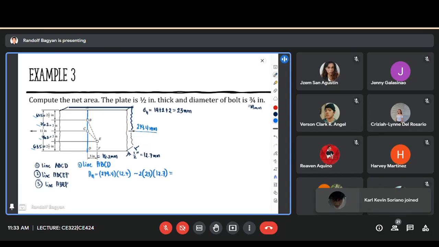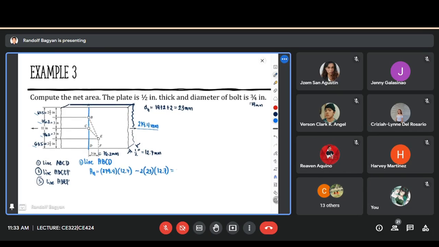Okay, please correct me if I'm wrong. 2,964.18 square millimeter. Sometimes tinatanggal ko na yung point something, nira-round ko na lang, kasi guys, napakaliit naman ng 1 square millimeter para maapektuhan niya ng sobra yung strength ng ating member. So 2,964 square millimeter. Right?